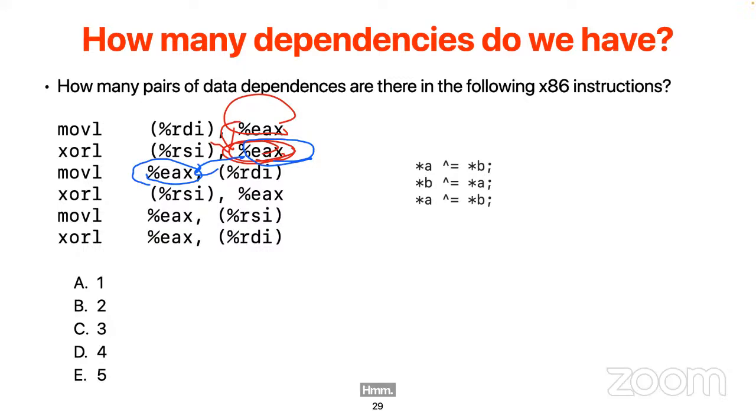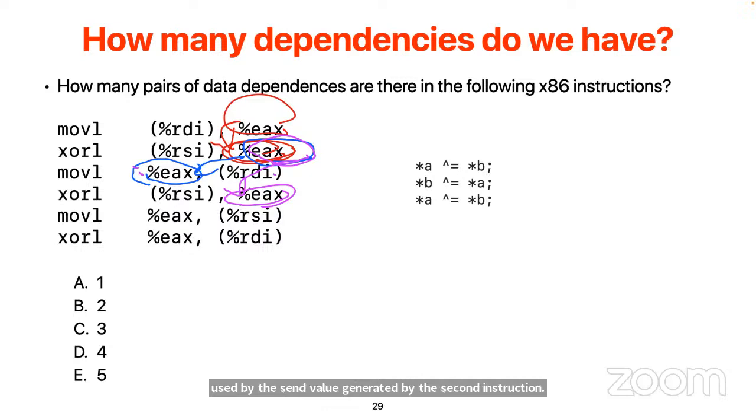Awesome, right? So here's the thing. For the move instruction, we are just moving the value of EAX to the memory address pointed to by RDI. So in fact, this EAX is only serving as the source. However, you got it right. For the second instruction, the EAX value it generates is again used by the fourth instruction. So that's actually the third one.